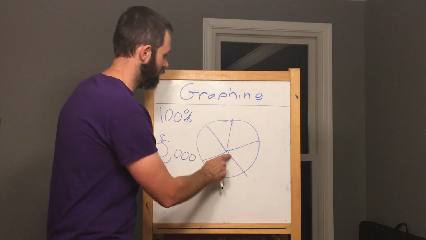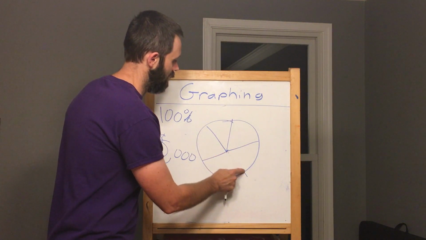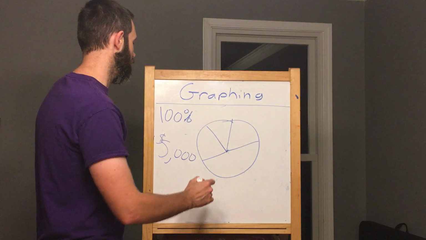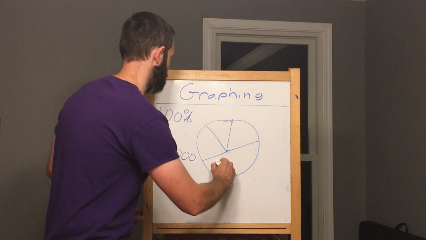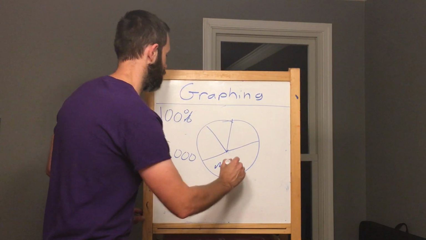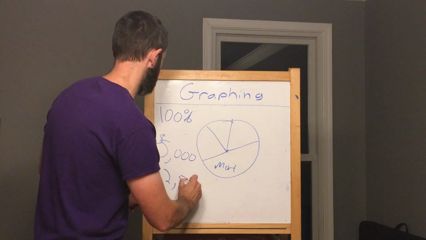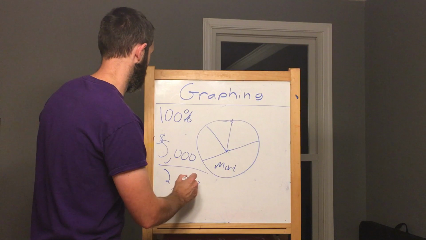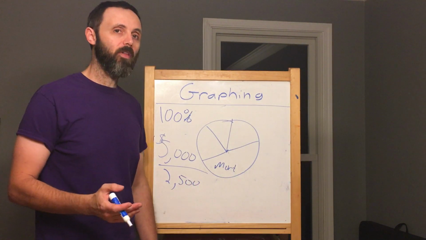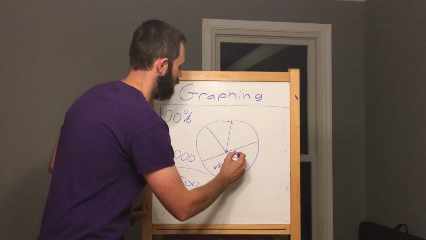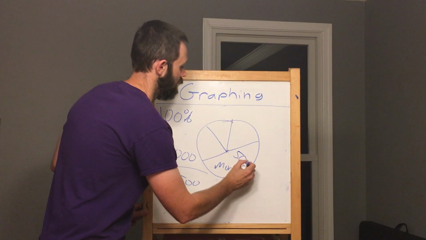And you're going to add a bunch of different stuff in here. I'm going to draw this out and do something just to make this easy here. And I'm going to label this mortgage, for example. And let's say your mortgage, when you actually run the numbers, it ends up being $2,500. So what would that be, right? That would end up being 50%.